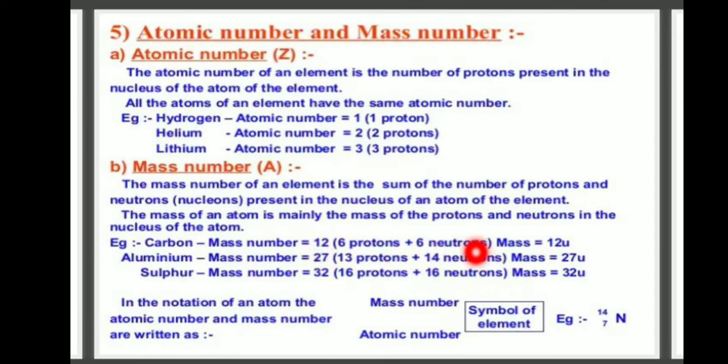Therefore, mass 12 unit. Aluminium, mass number 27, 13 protons plus 14 neutrons. Sulfur, mass number 32, 16 protons plus 16 neutrons. Mass 32 unit.